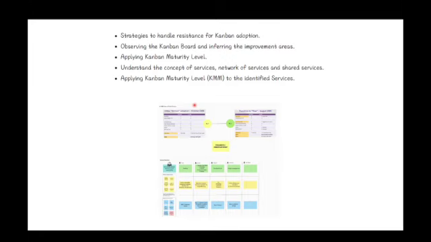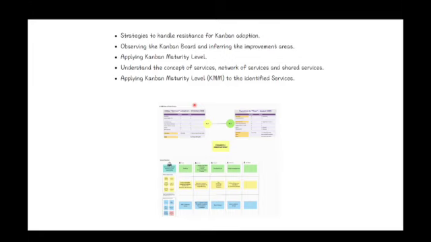It's not just that you understood the maturity levels. You have to apply it and verify your learning. So we discuss the KMM model again with that case study, we apply our knowledge, and we discuss the maturity level of the team in the case study.